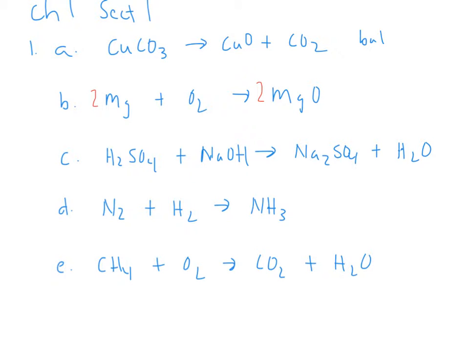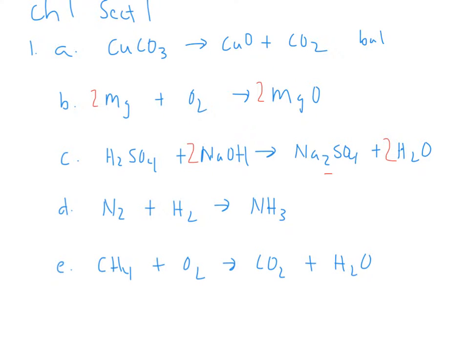Letter C, you've got sulfuric acid and sodium hydroxide, a common neutralization reaction, which we'll do a lot of. Without setting up an atom inventory, you can pretty quickly see the Na is a metal that's out of balance. So if I put a 2 here, I have 2 NaOH. The H2 looks like it's balanced, but in reality it's not because I really have 4 hydrogen and 2 oxygen, so I need a 2 here.